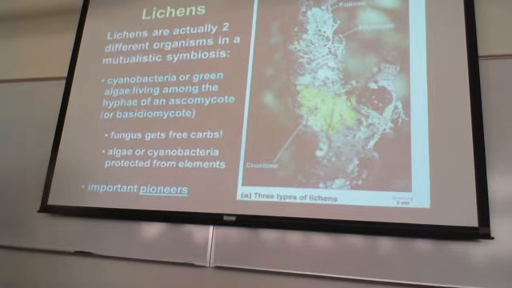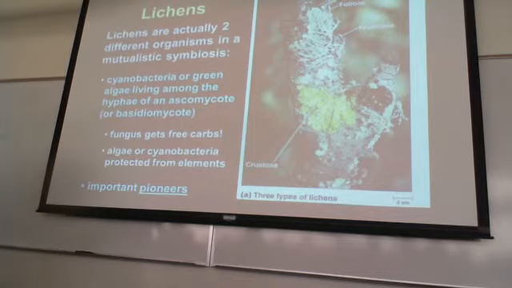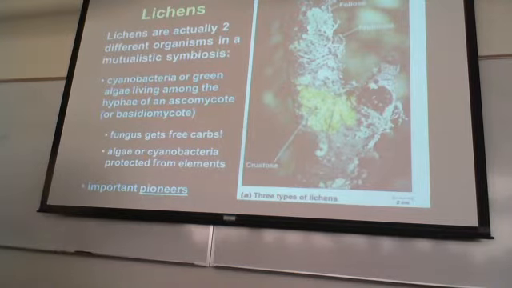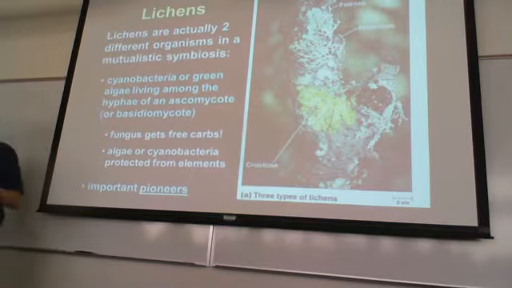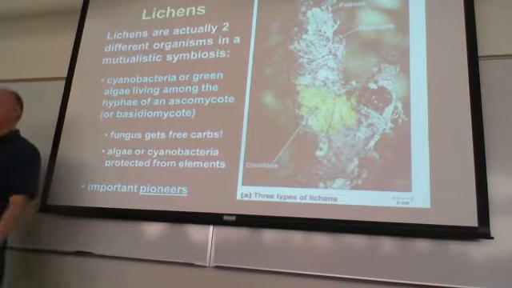Remember, parasitism, a parasite and host, is also an example of symbiosis, but in that case, one benefits, one is harmed. This is a mutualistic symbiosis. Both benefit. So when you hear the word symbiosis, that's generally what you think of. Birds and bees and things like that. So you've got a fungus and an organism from a completely different kingdom.